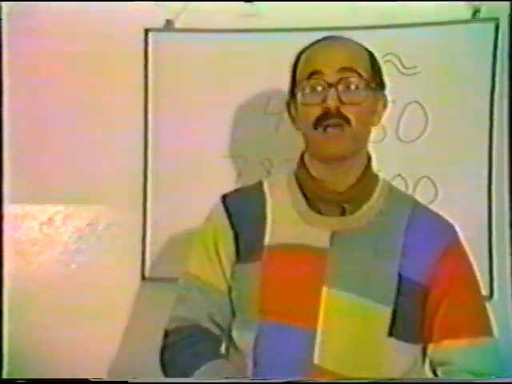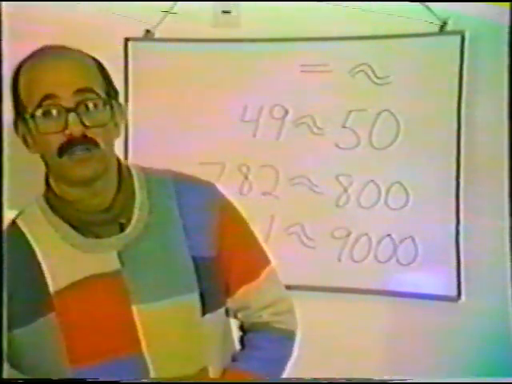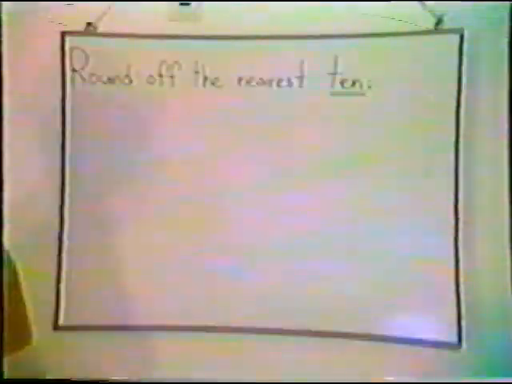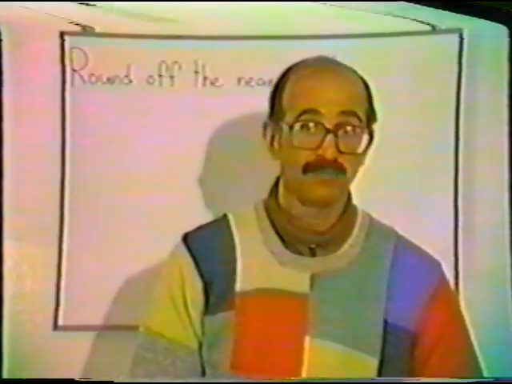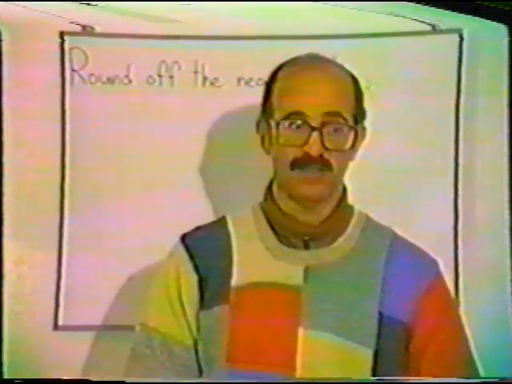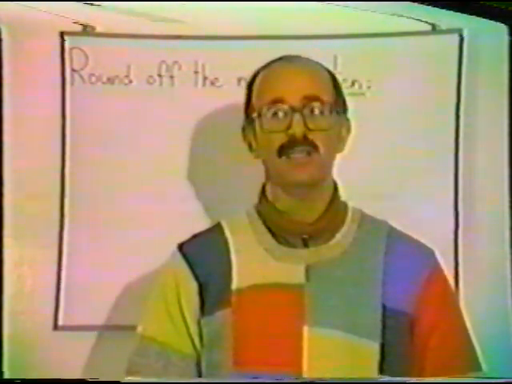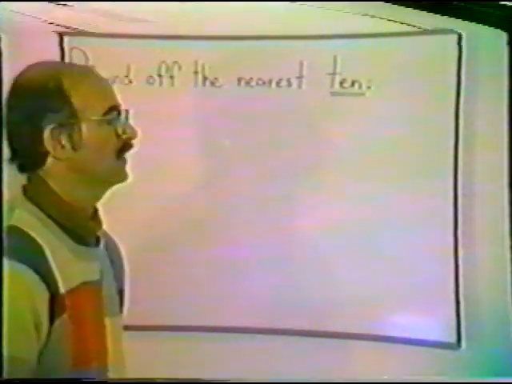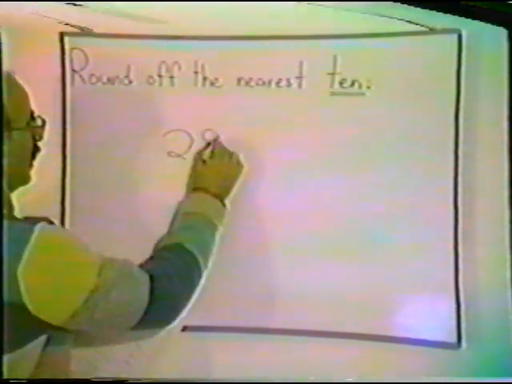Now we're going to round off a whole series of numbers, each one to the nearest 10. When we round off to the nearest 10, that means we're counting by tens. Everyone count by tens. 10, 20, 30, 40, 50. Well, let's take the number 29.